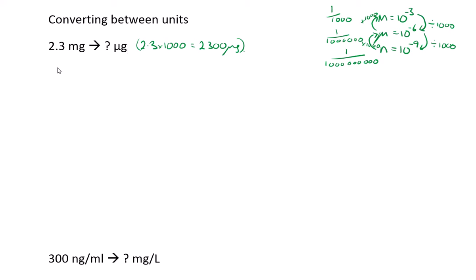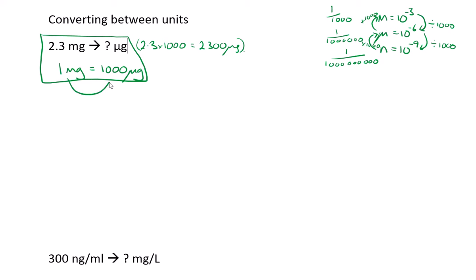Another way of doing it is by using a ratio square. So write down what we know. So we know 1 milligram is 1,000 micrograms. So now we've got what we call a ratio square. We need to keep these in the same ratio.